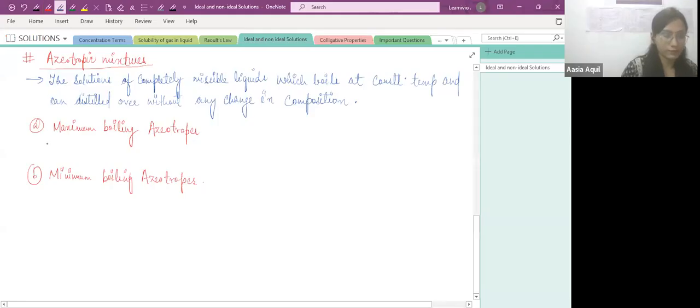Maximum boiling azeotropes are those which show large negative deviation from Raoult's law, and minimum boiling azeotropes are those that show large positive deviation.